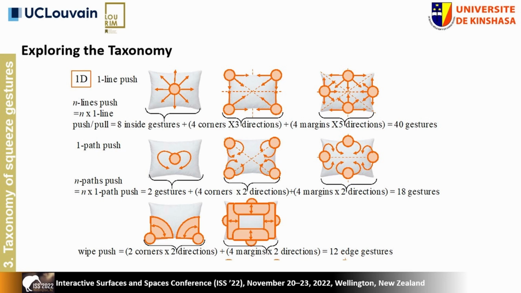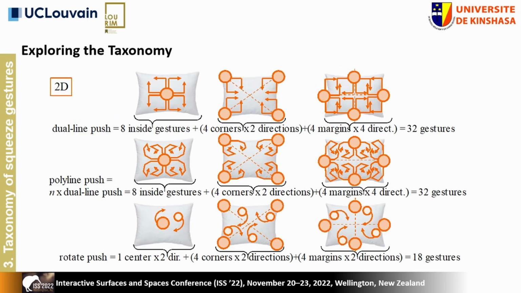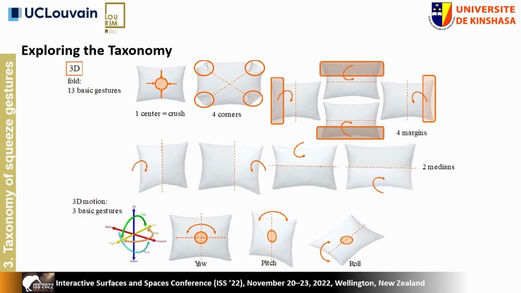For instance, a wipe push consists of imitating a windscreen wiper while pushing on the object. Then, 2D gestures press one or more curves on the object. For example, the dual line push consists of producing two connected line segments. Finally, 3D gestures consist of any motion in space of the squeezable object, such as folding it.